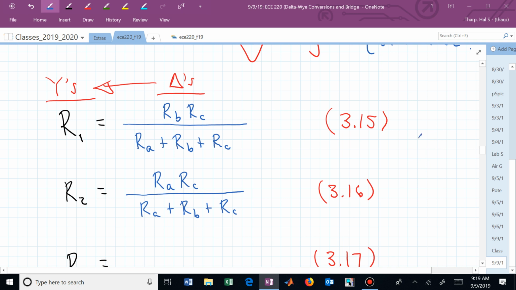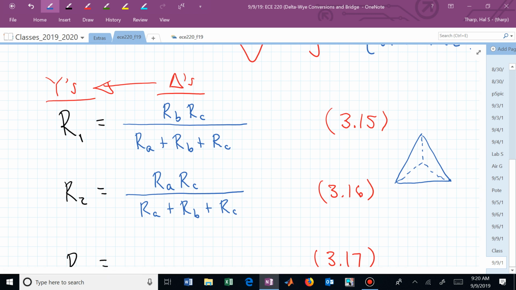I can't draw today, but you get the idea. Here's the delta, and then you can think of connecting that. These are not all connected simultaneously. You're replacing the solids with the dots or the dashed.